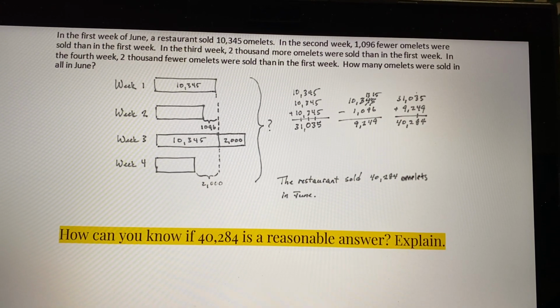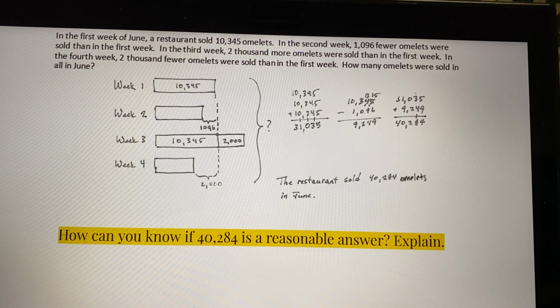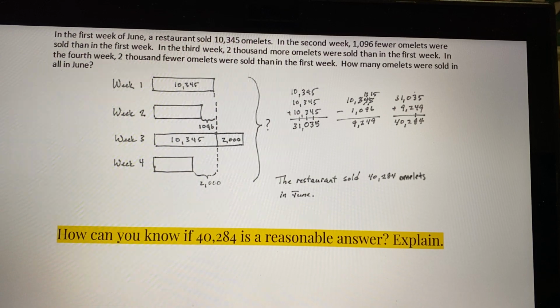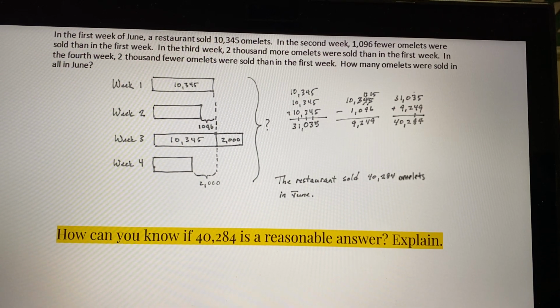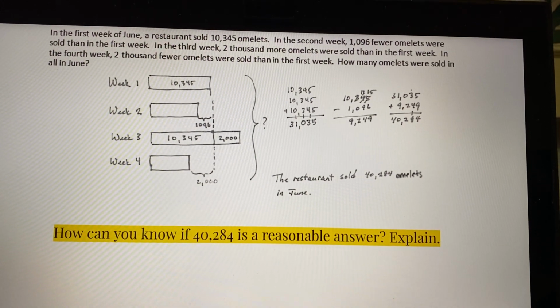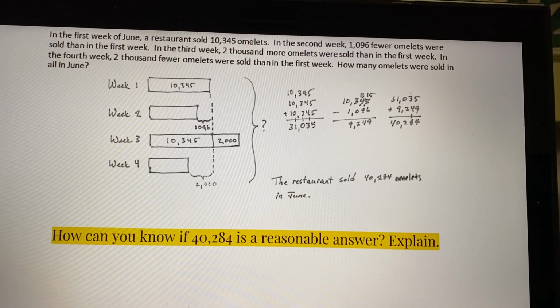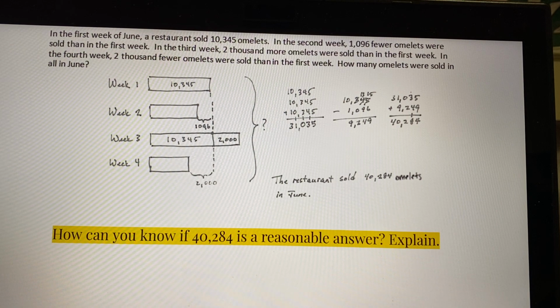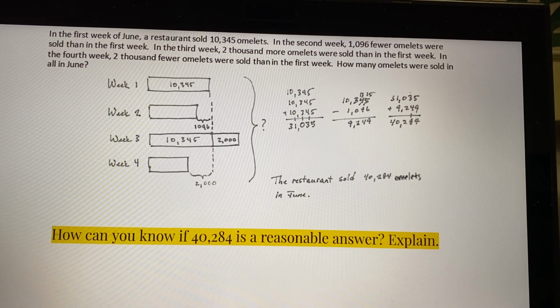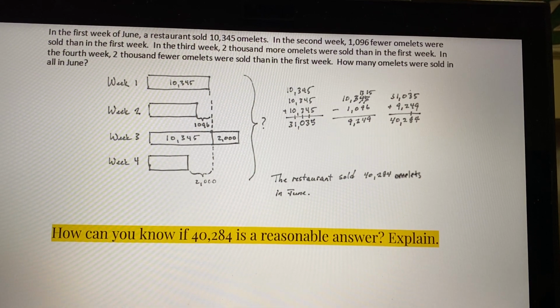And then they took 31,035 and added 9,249. So they took the two amounts and then they added them together, 40,284. So the restaurant sold 40,284 omelets in June.